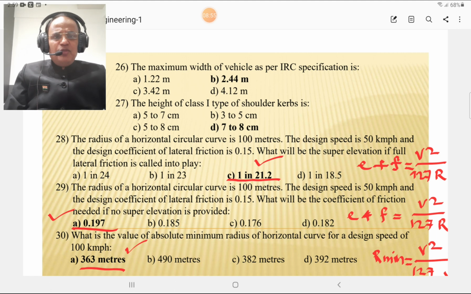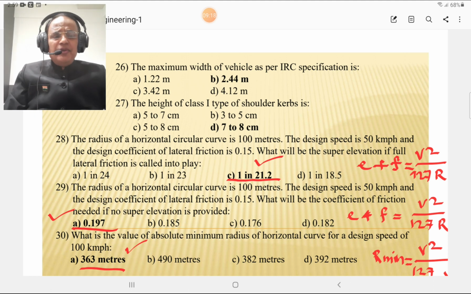Next MCQ is the radius of horizontal curve, similar to that type of problem. The radius of horizontal circular curve is given as 100 meter. The design speed is also the same, 50 kmph. The design coefficient of lateral friction is also the same, 0.15. So what will be the coefficient of friction needed if no super elevation is to be provided?